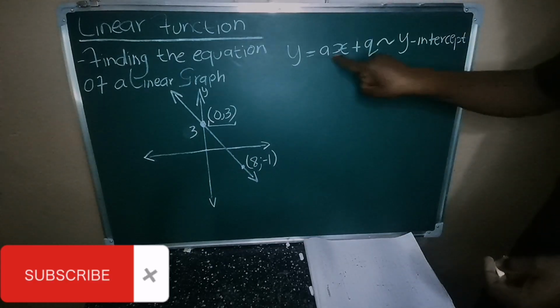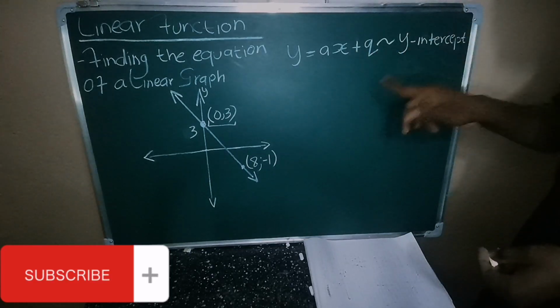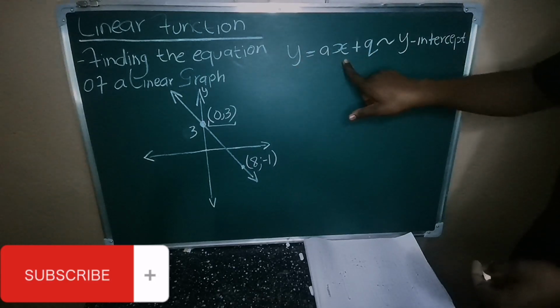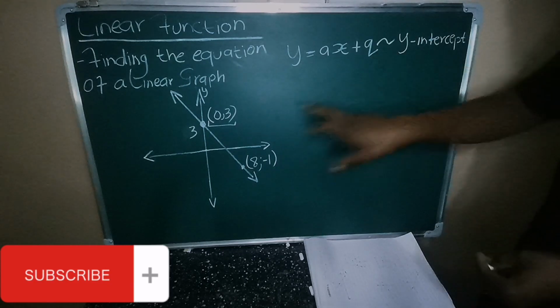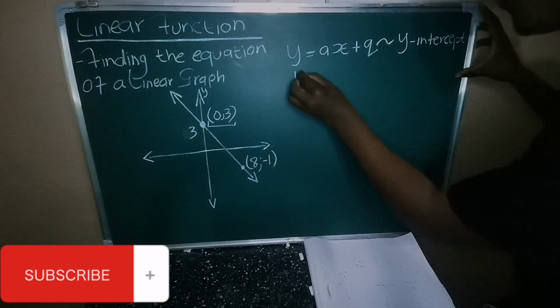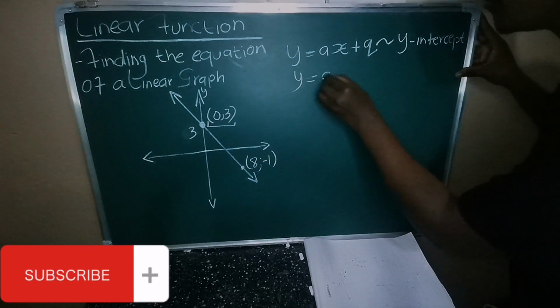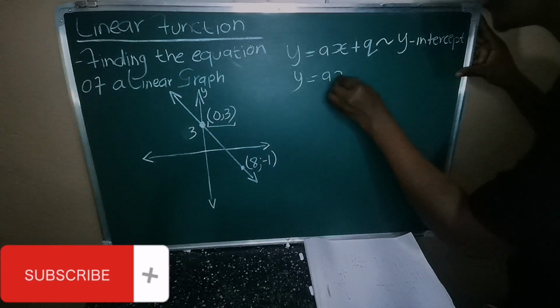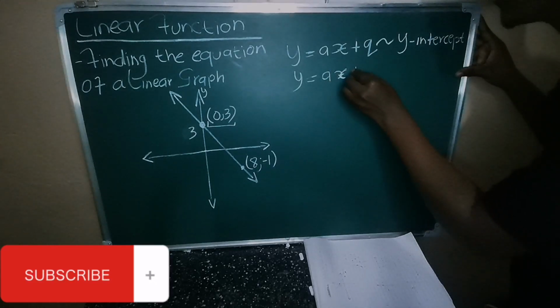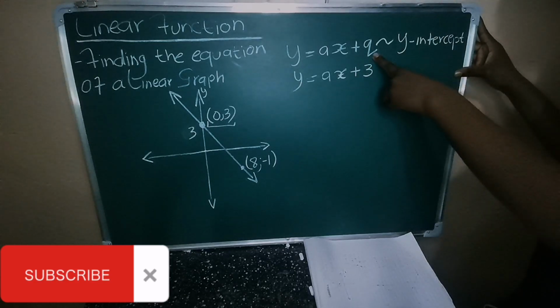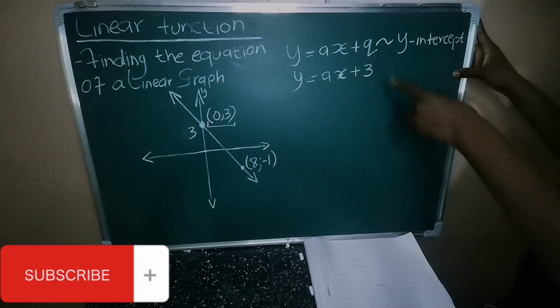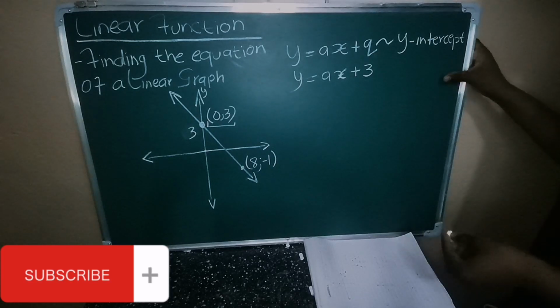They're talking about a and q, or any letter besides x and y. Leave out x and y, find a and q only. Now in place of q, we've put in 3. So y is equal to ax plus 3, because 3 is our q and our y-intercept, subsequently the y-coordinate of our y-intercept.